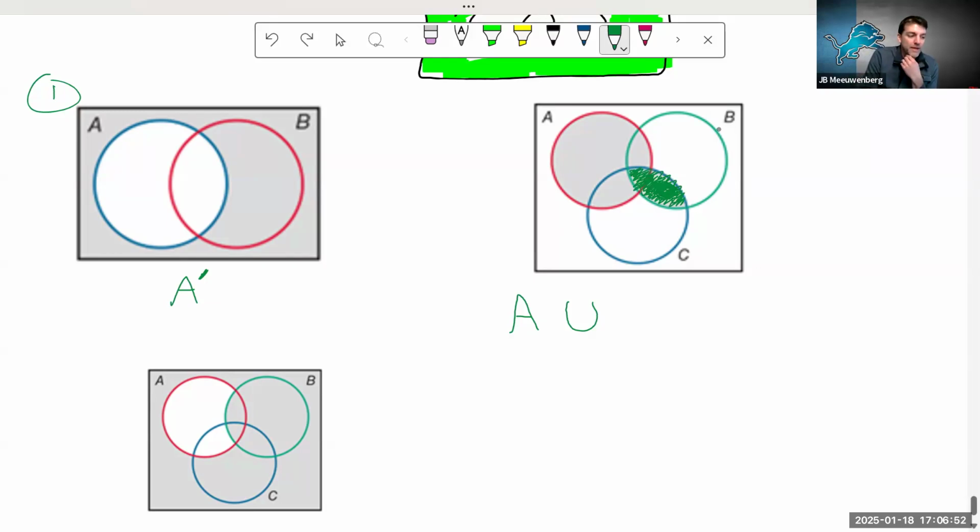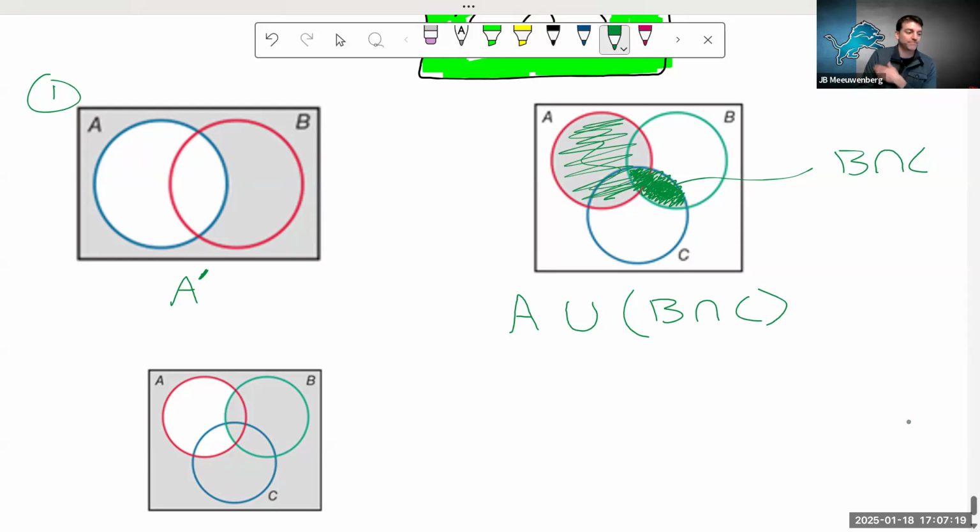That would be sets B and C, the intersection, right? That right there is B and C, just where they overlap. So what we're going to do is take set A and take the union of it with B intersect C. There's B intersect C, and then we take the union of that with A, and we have our shaded region. That one was a lot tougher.